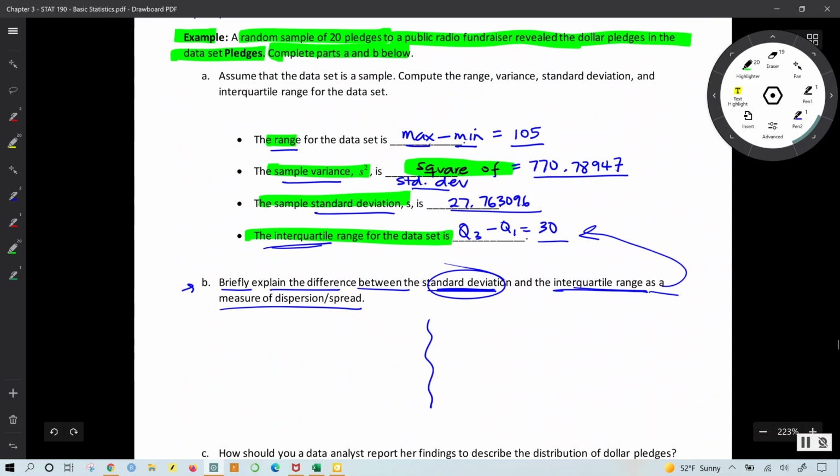At the same time, you should also note that we use the standard deviation as a measure of spread when the distribution is symmetric, and the interquartile range is advised as the appropriate measure of spread when the distribution is skewed. This is very important to note.